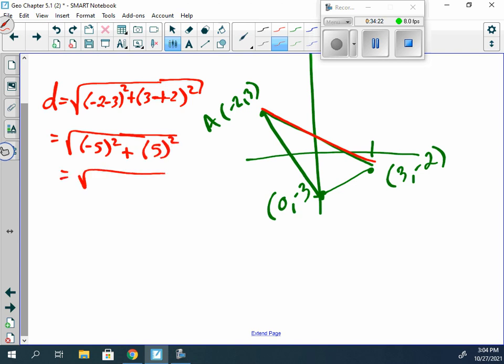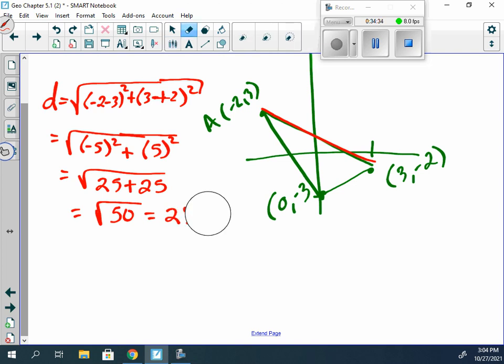Now -5 squared would give us 25. 5 squared would give us 25. This here would be the square root of 50, or 5 square root of 2. That would be this distance here.